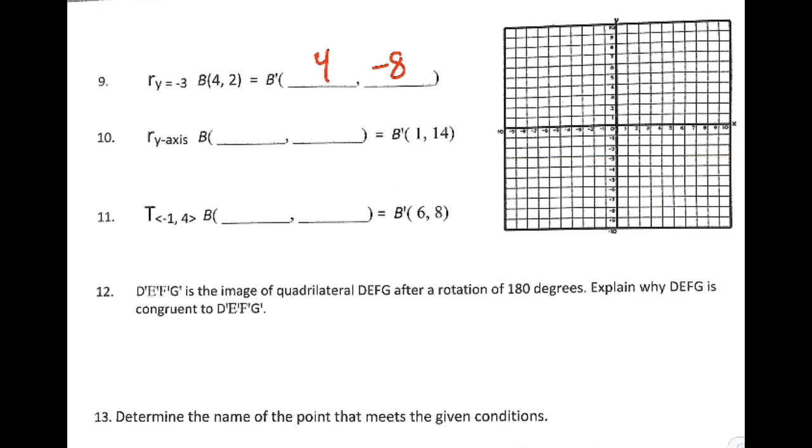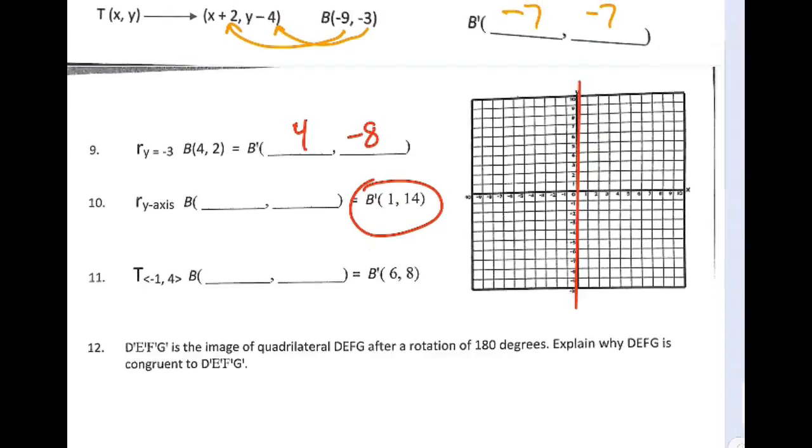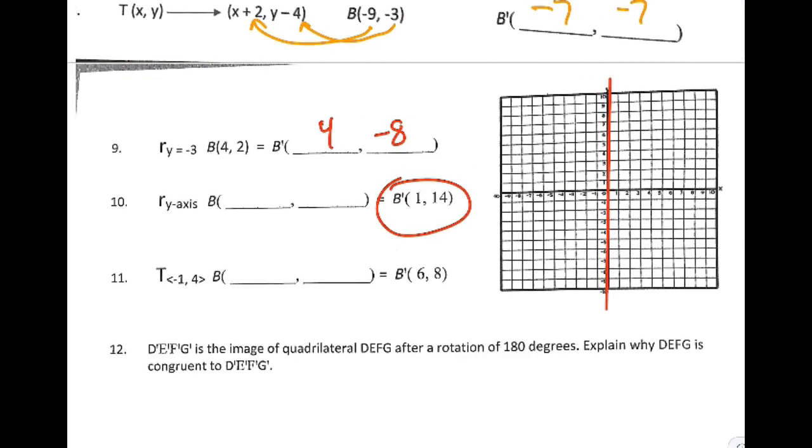Number 10, the y-axis, we know where that is, and we are saying that we landed at 1, 14. Now granted, that's off the grid, but this is just to guide you. 1, 14 would be right up there, over 1, up 14. And if you were going to visualize this, where must it have come from?